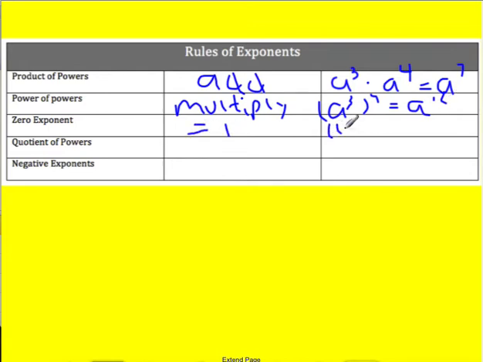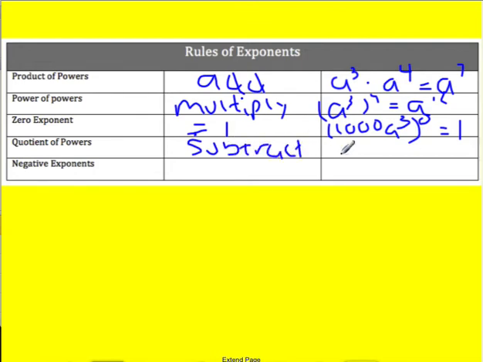So even if I have 1,000 a to the third, and all of that is being raised to the 0 power, as long as the entire thing is being raised to the 0 power, it's always equal to 1. Now, if you have a quotient of powers, you're going to divide the coefficients, but you're going to subtract your exponents.